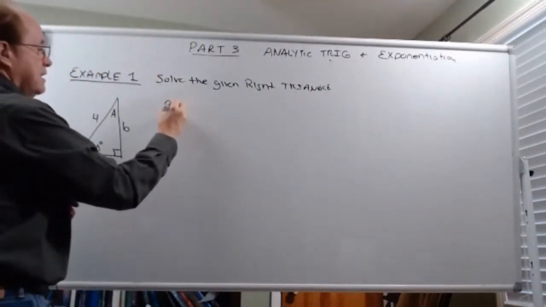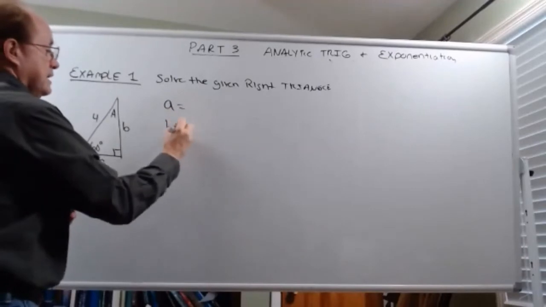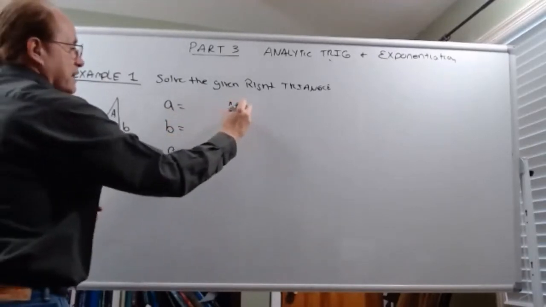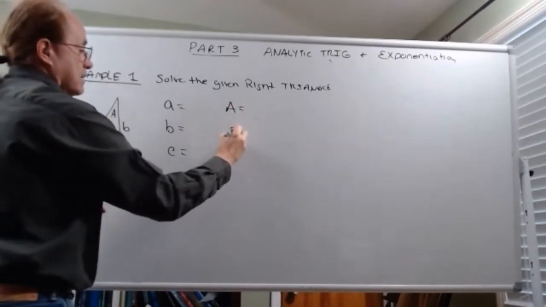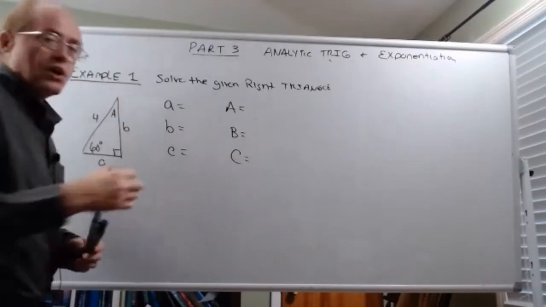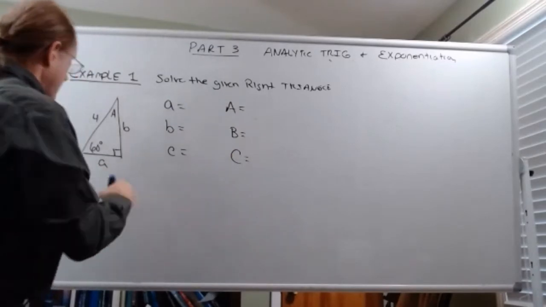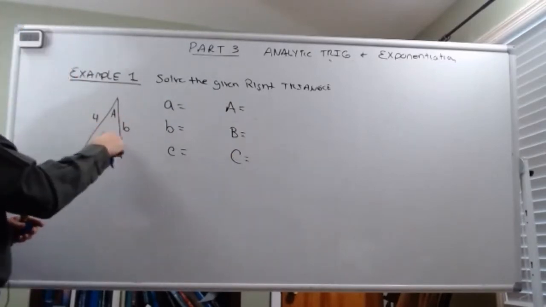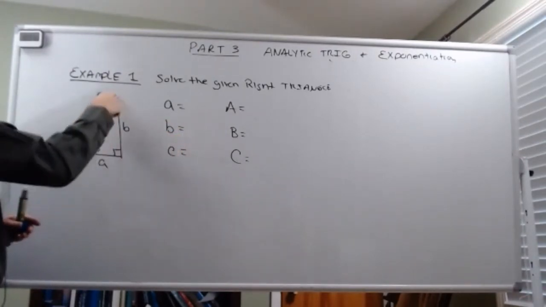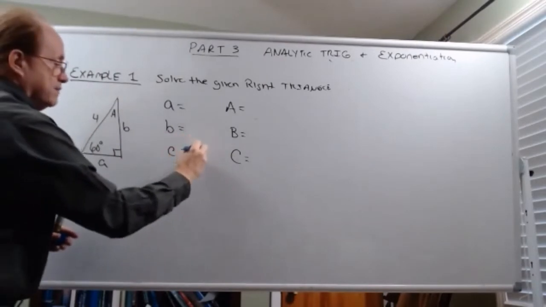So we have A, B, and C. We have angle A, angle B, and angle C. We start by putting in what we know. My length A is unknown, B is unknown, but length C is 4. That's 4 units.